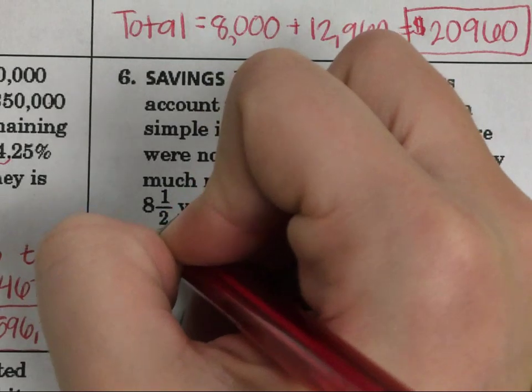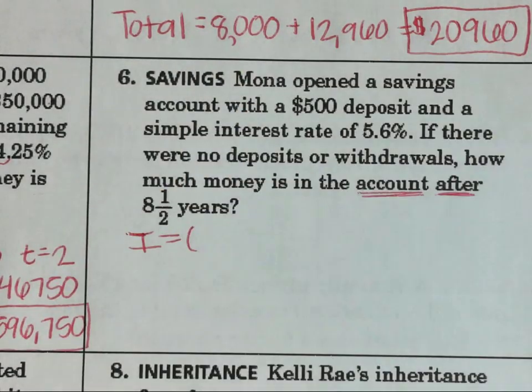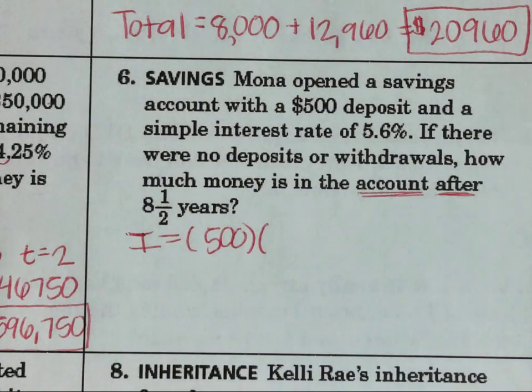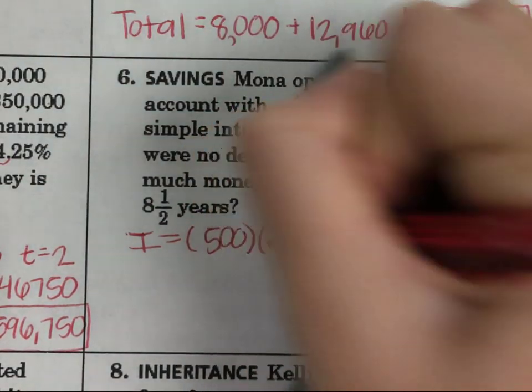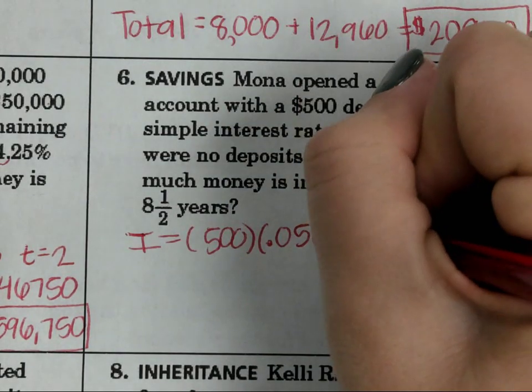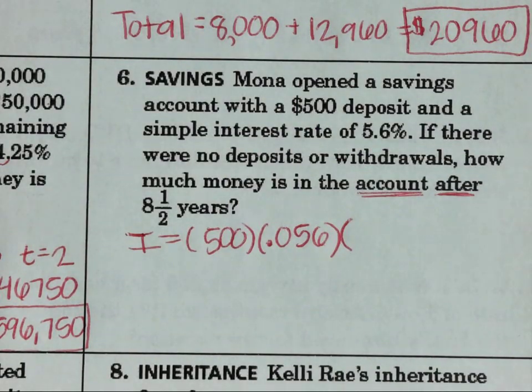So what is my P? $500. And then my R is 5.6%, but as a decimal, what is it? 0.056. And how much time are we talking about? 8.5.